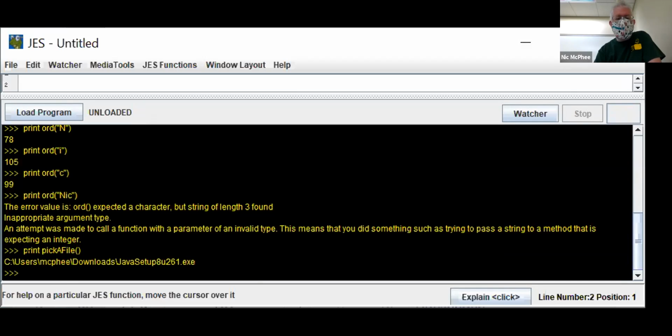And what this is saying is that there's a folder called users, and in that is a folder called McPhee, and in that is a folder called downloads, and in that is a file called Java Setup 8u261.exe. So this is describing the file in a folder, in a folder, in a folder, in a text form, instead of in the graphical form that you're used to seeing.